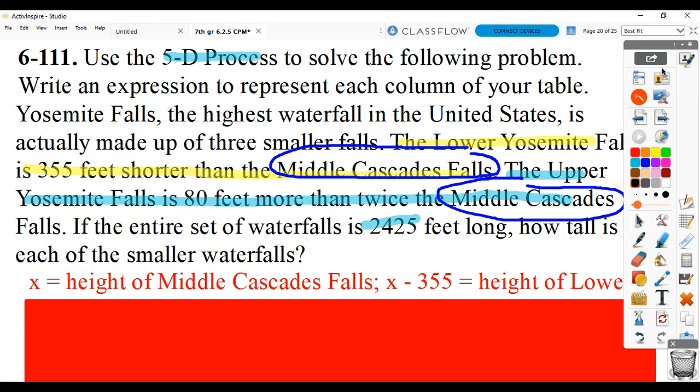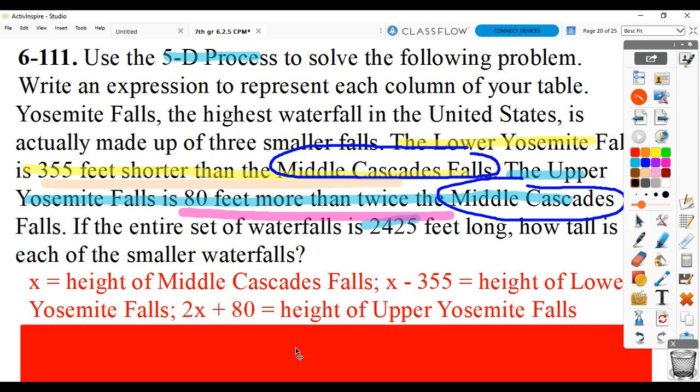Then the lower would be X minus 355, because we're told that the lower is 355 feet shorter than the middle. And we're also told that the upper is 80 feet more than twice the middle. So that would make that 2x plus 80.